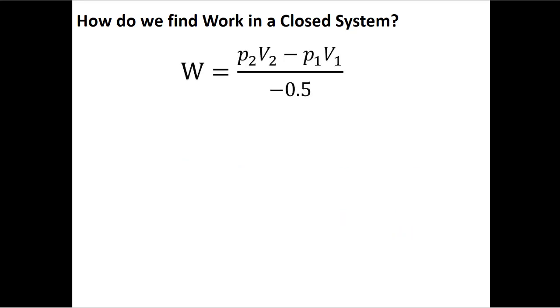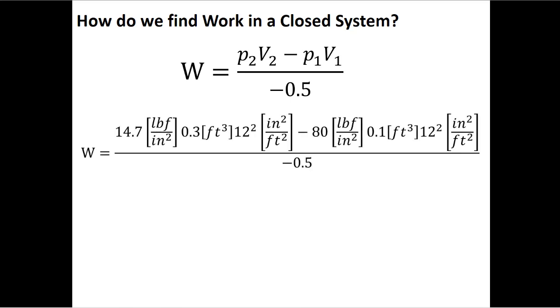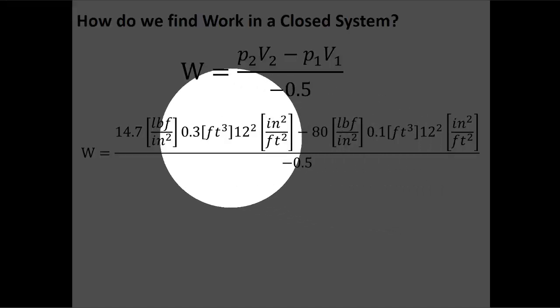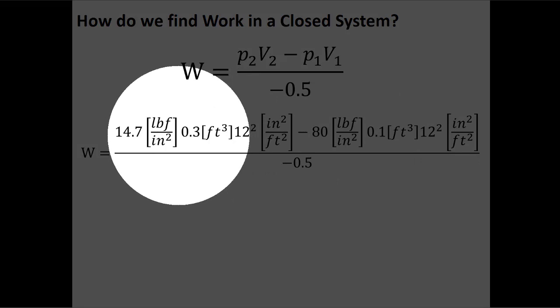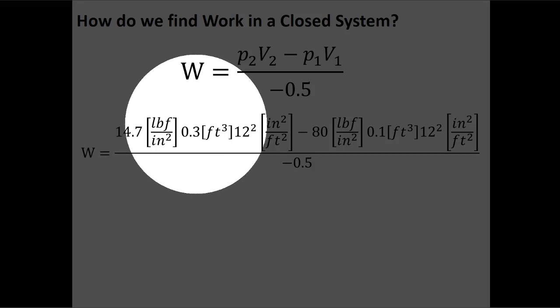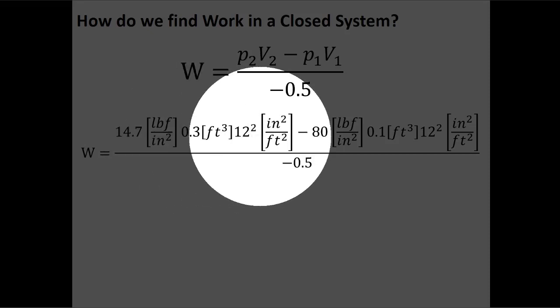So now I can go back to my work equation. I know all of the information here. The one thing I do have to do, it's always important to carry units in my calculations. If I just wrote the P times V, my pressures are in pounds per square inch, and my volume is in cubic feet. So I'd get pounds cubic feet per inches squared, which is not a real unit.